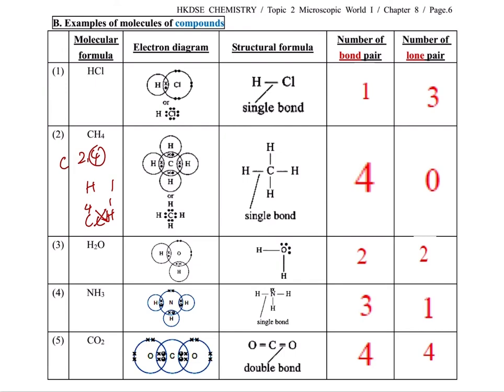It seldom loses 4 electrons or gains 4 electrons to become ions. Usually that is the case. And then H2O we've talked about, and NH3 we talked about earlier. And then carbon dioxide, I want to talk about carbon dioxide.